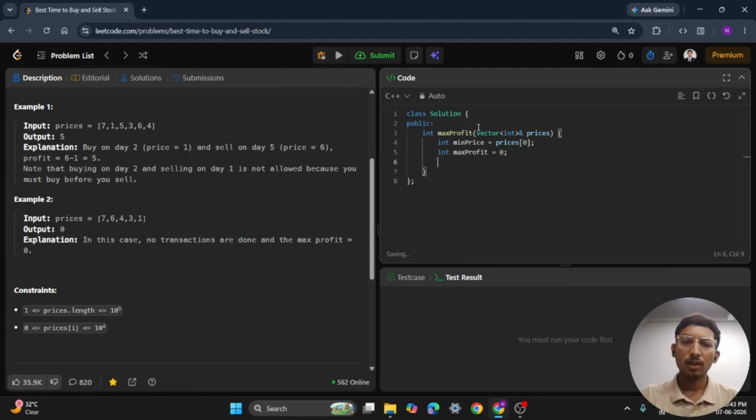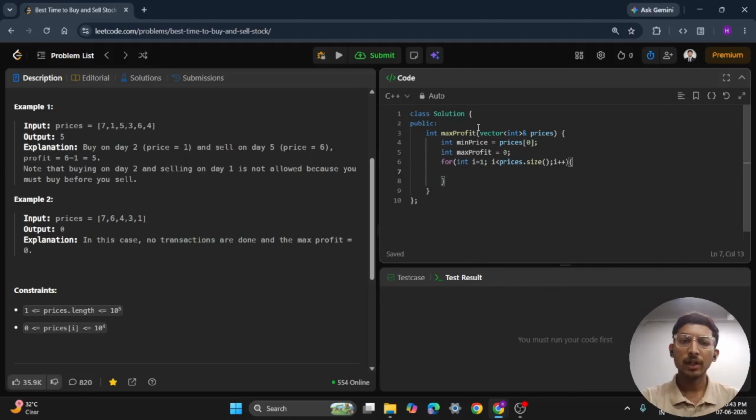Now we will traverse the array starting from index 1. So for int i equals 1, i less than prices.size, then i plus plus.